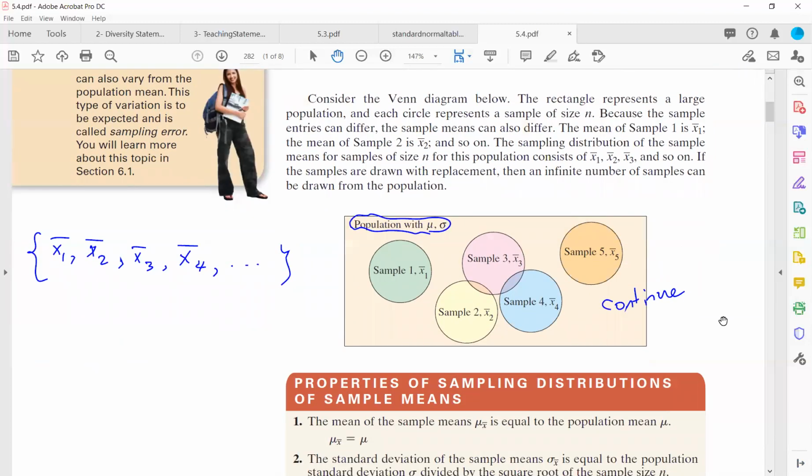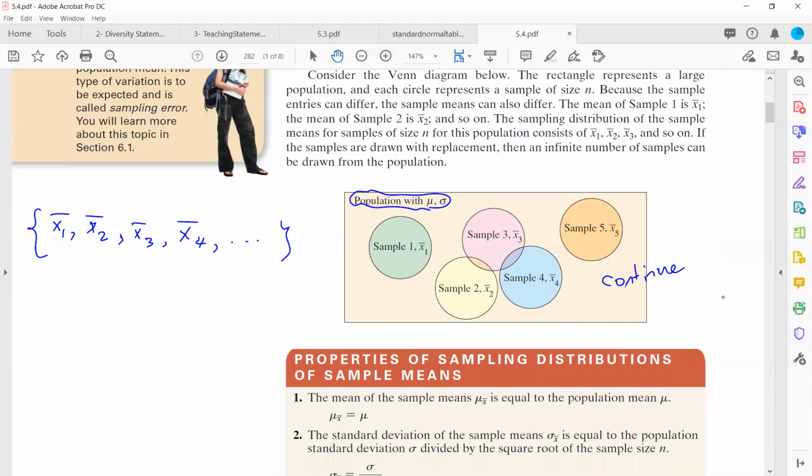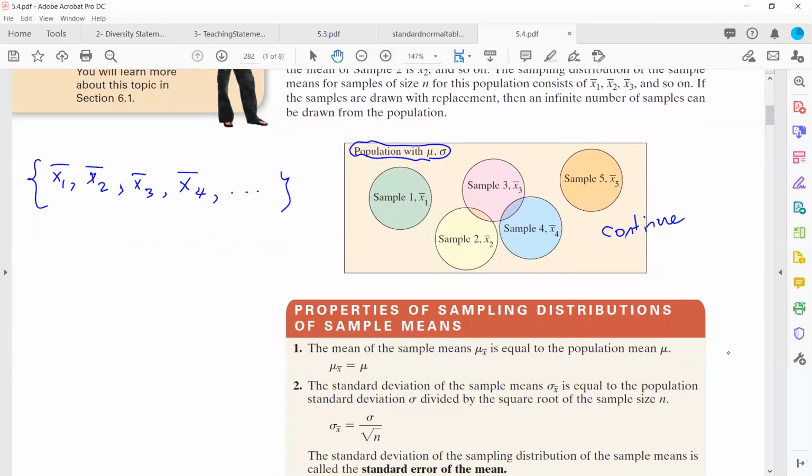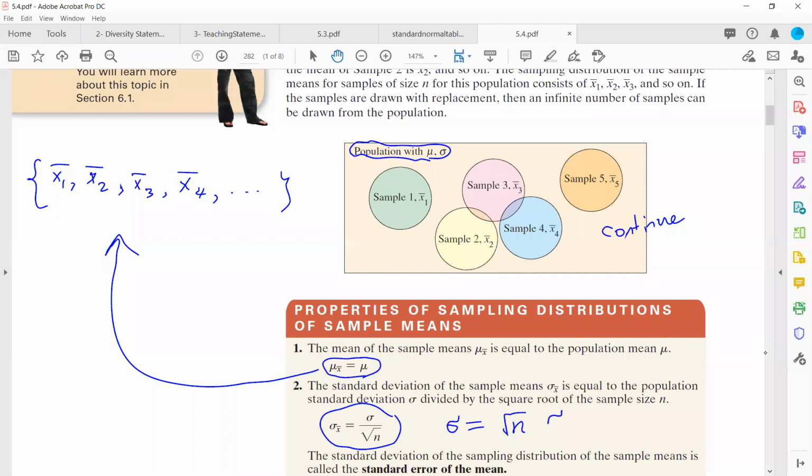It turns out if you work with the mean of the samples instead of the actual x values, the mean of the population is equal to the mean of this new sample, and the standard deviation of the population is equal to the square root of n times the standard deviation of this new sample.